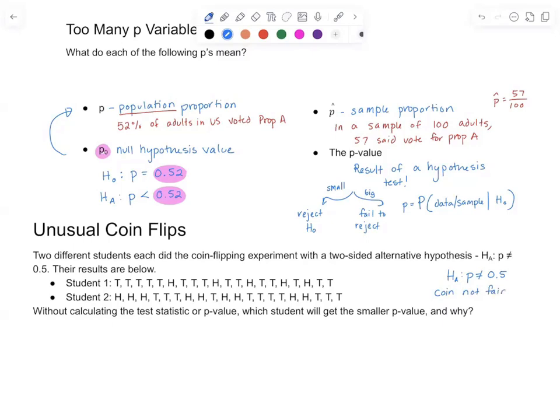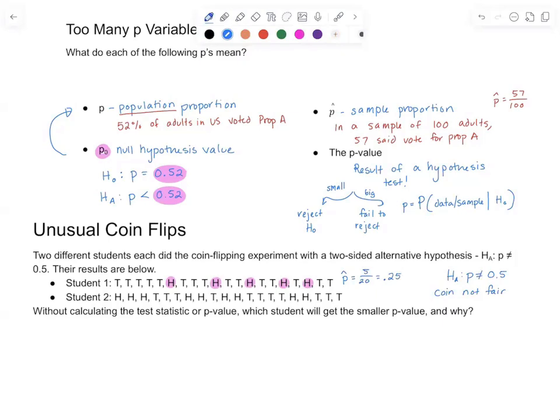Okay. So student one flips the coin 20 times. And if we count the number of heads, I've got 1, 2, 3, 4, 5 heads. So for this student, their sample proportion is 5 out of 20, which is 0.25. Now that's pretty far from a 50-50 split, right?